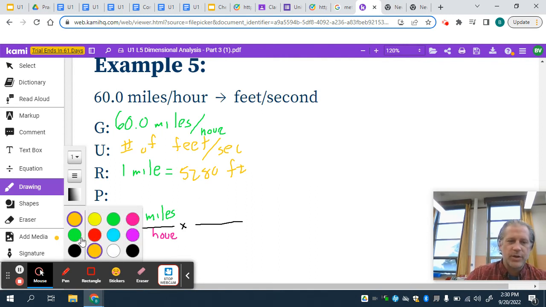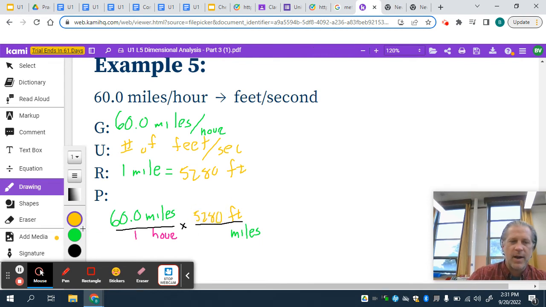So when I set this up, just like we did the last time, I'm going to put miles on the bottom, and I'm going to put feet on the top, and I'm going to fill in my values, 5,280 feet on the top and 1 mile on the bottom. So at this point, we've gone miles to feet, and now we need to deal with our hours because our miles cancel out.